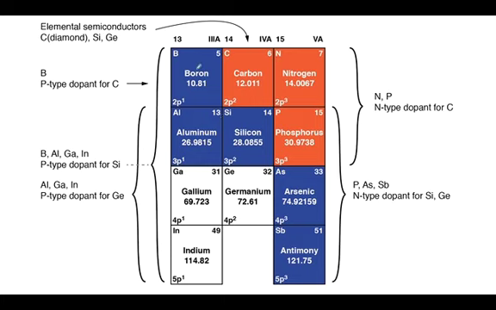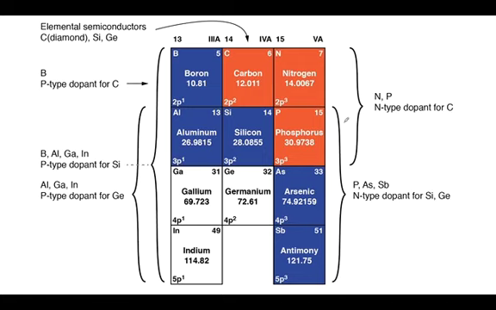So atoms like boron, aluminum, gallium, and indium are used as dopants for p-type material. Since they have 3 valence electrons in the outermost shell, they are one electron short, which is considered an empty hole. So if you dope with these, you give extra holes into the material. Similarly, atoms like phosphorus, arsenic, and antimony are used as n-type dopants for silicon and germanium.